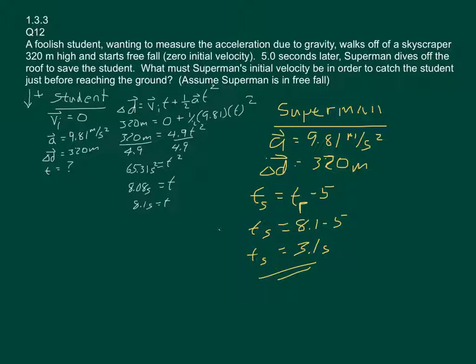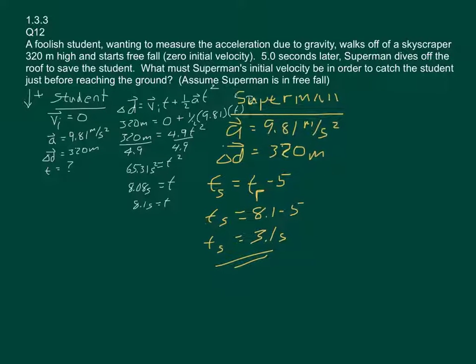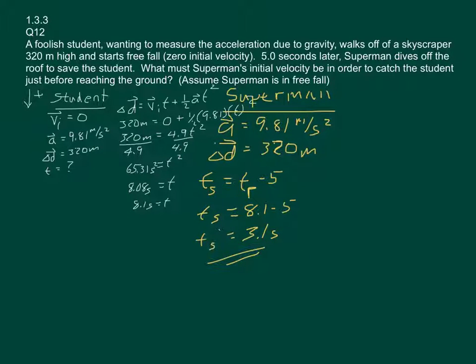Okay, let's create some space to the right to do the calculation. Again, we have all the same stuff we had in the other question, so let's use that same formula, VIT plus 1/2 AT squared. Okay, 320. Now this time we want to know VI, so that you can cover this distance fast enough.